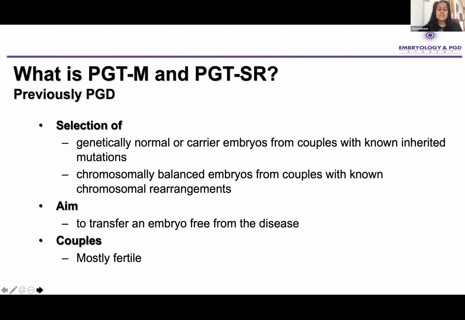So these are couples that knowingly are carrying cystic fibrosis, beta thalassemia, et cetera, or they may be known to carry a chromosome abnormality, such as a translocation or other chromosome arrangement. So PGT-M and PGT-SR are for couples who have inherited disease that we know are going to be at high chance of transmitting this to their children.